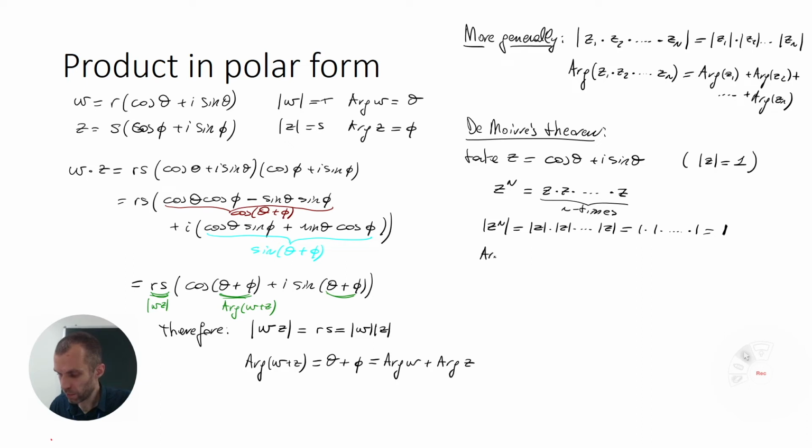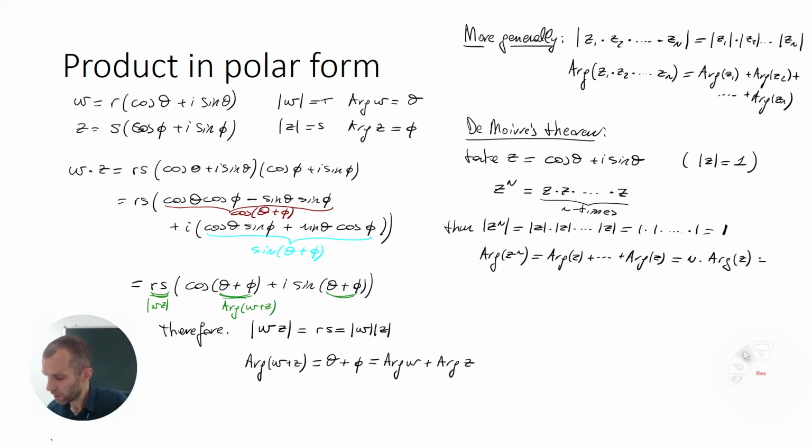And the argument of Z to the n, that's arg Z plus arg Z plus arg Z, n times. So that's n times the argument of Z. That's n times theta.